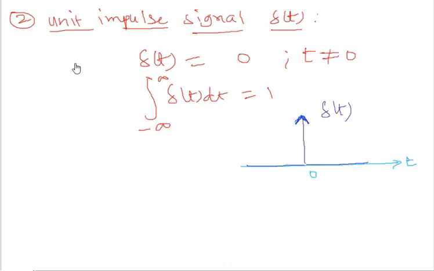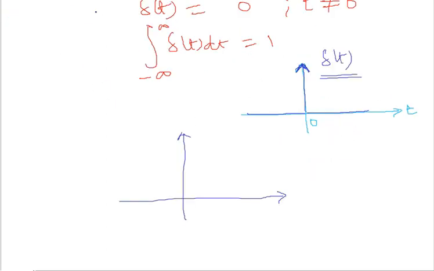Now it is not possible to practically generate this unit impulse signal. So what we can do is approximate this signal by other signals. Consider this rectangular signal which is of width epsilon and of height 1 over epsilon.